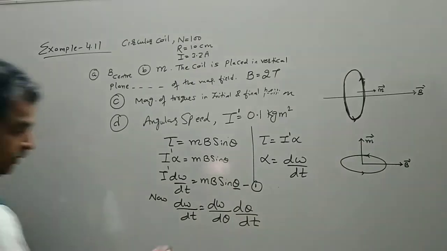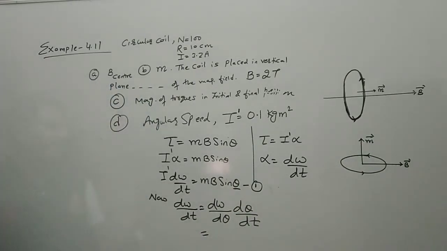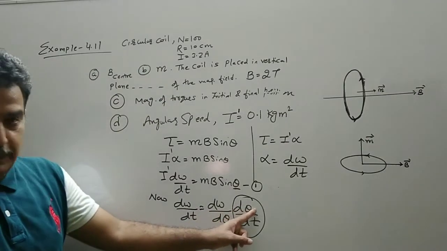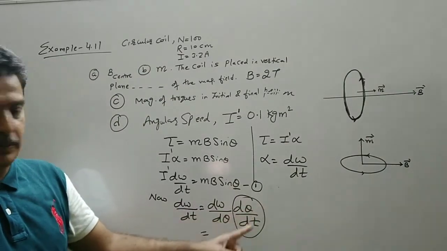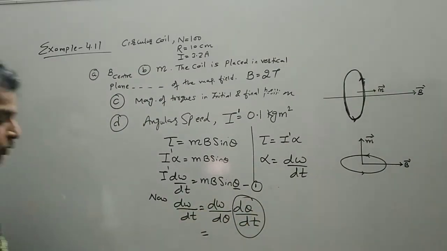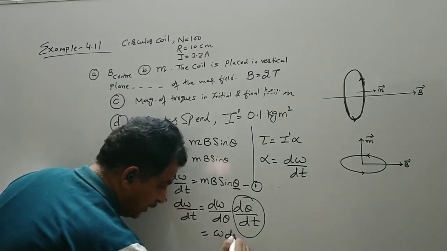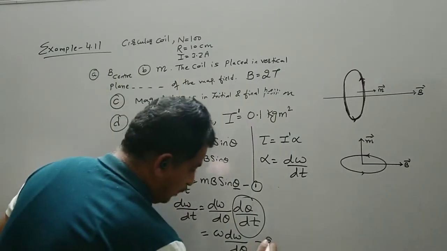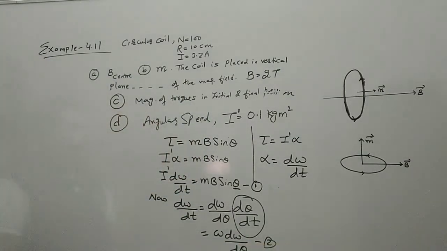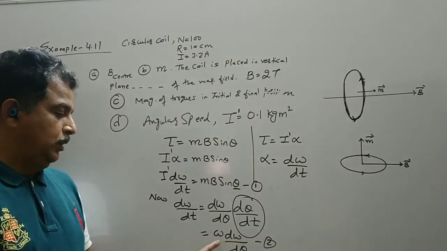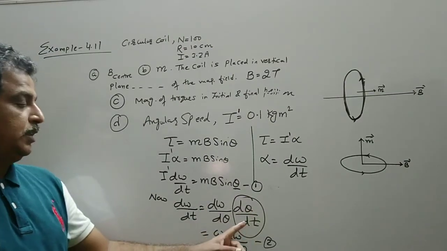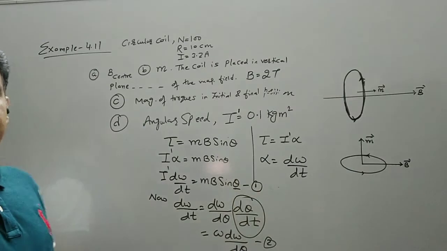Now d theta by dt is the derivative of displacement, here it is angular displacement, with respect to time. So it is a speed or velocity. Say this is equation number 2. So we know that velocity is the derivative of displacement, dx by dt.